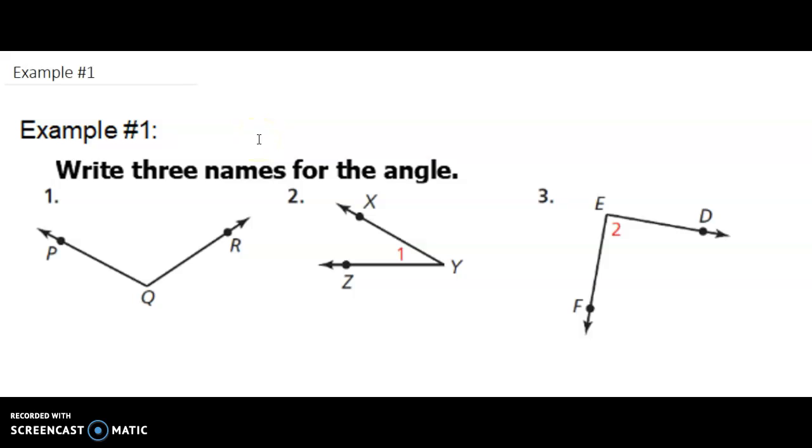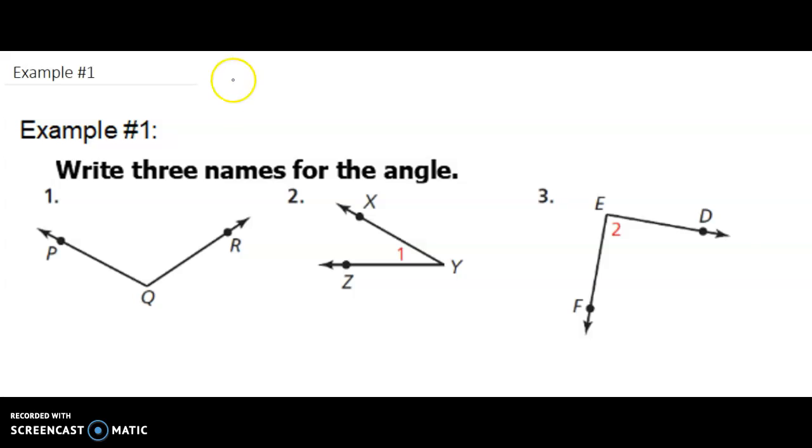All right, guys, let's look at ways to name angles. Now there's a few different ways to name angles. Some will always work, some will not always work, so you've got to be kind of careful. The easiest way to not make a mistake is to name them with 3 letters, the middle one being the vertex.